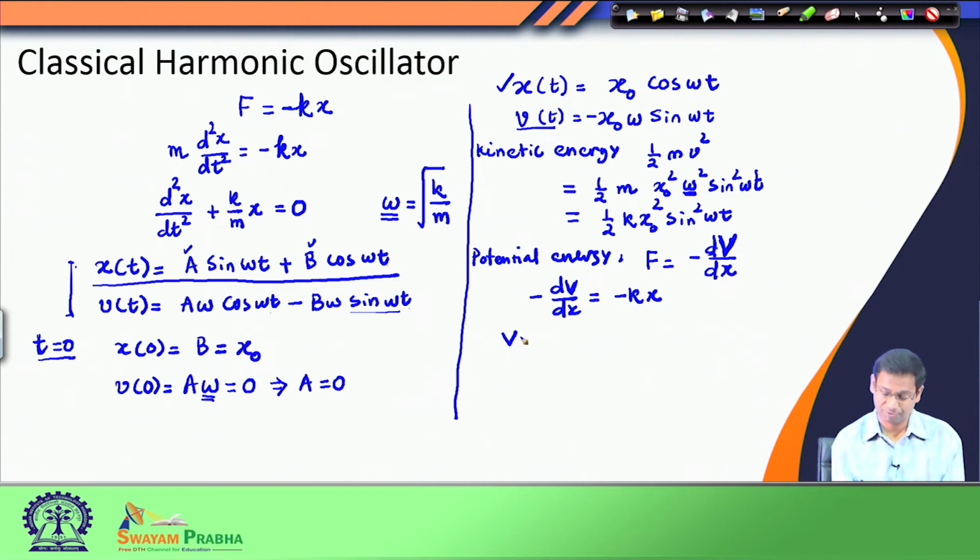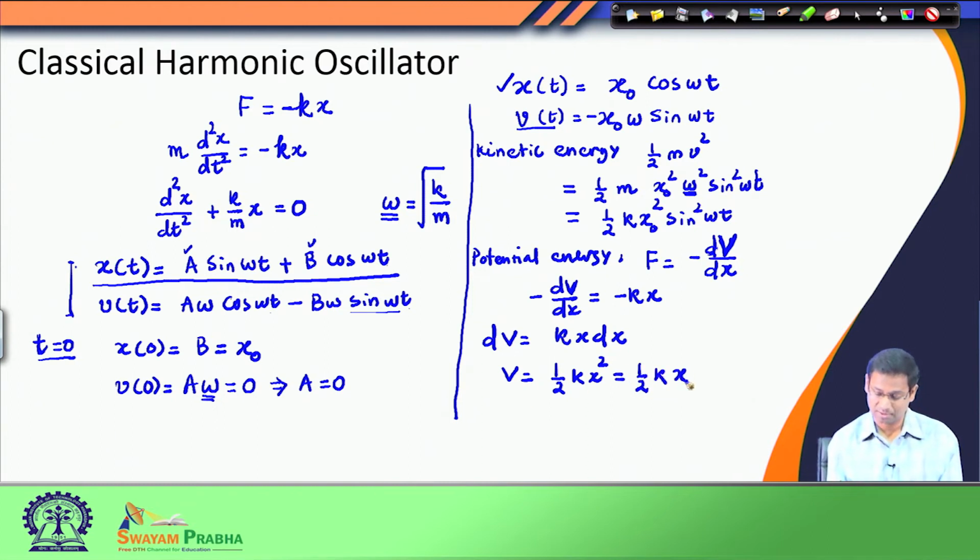So, therefore, dV equals kx dx, and when I integrate both sides, I would get the potential energy as half k x square. And what is x? I know x is given here. So, I get half k x 0 square cosine square omega t.